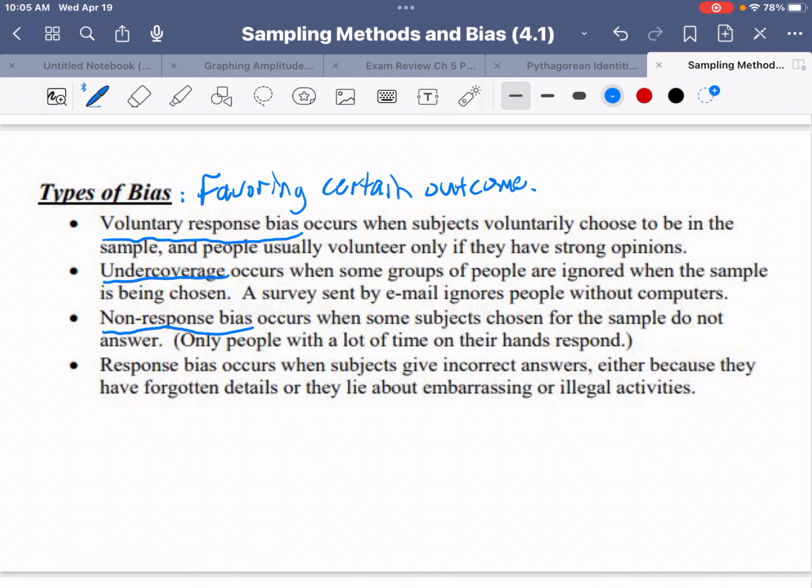So, in other words, ignoring the phone call, ignoring the knock at the door. Response bias occurs when subjects give incorrect answers. They lie, either because they've forgotten or they're just embarrassed about the answer to that question. So make sure you read up on those 4 types of bias and be able to identify that type of bias by name.